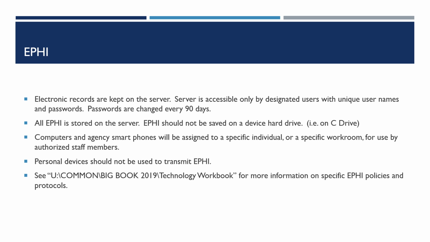Computers and agency smartphones will be assigned to a specific individual or a specific workroom or specific program for use by authorized staff members only. Personal devices should not be used to transmit ePHI. For more information regarding our policies to keep ePHI secure, you can check the technology workbook, which is located on the server.